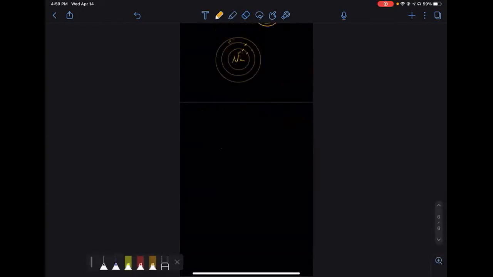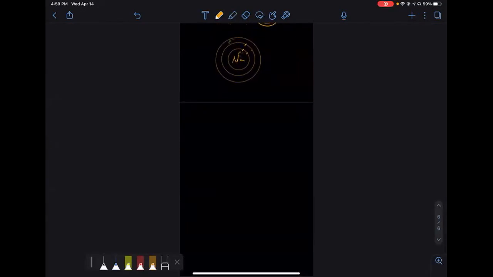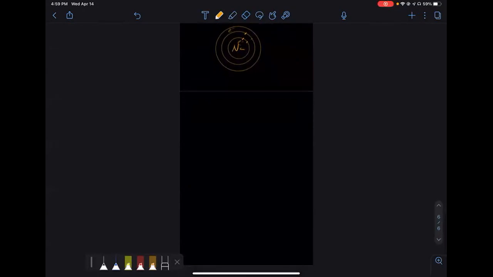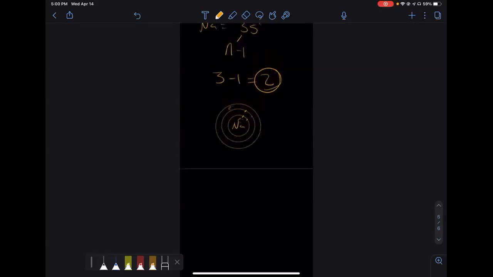So first, you're going to find the L, you're going to be looking for how many planar nodes, all right? The planar nodes, you find that by, that's equal to your L value.